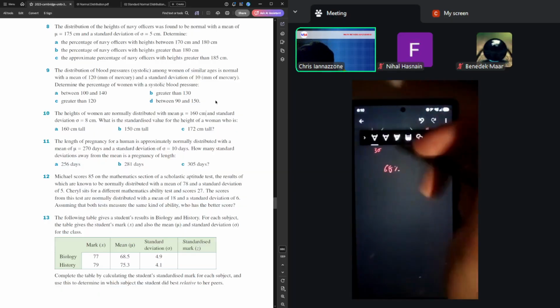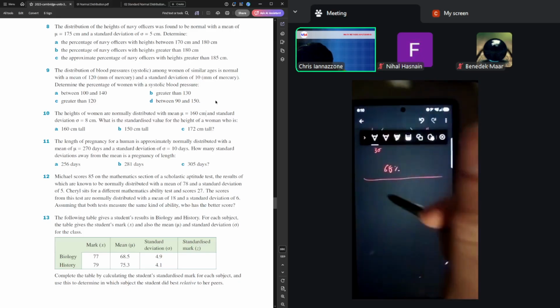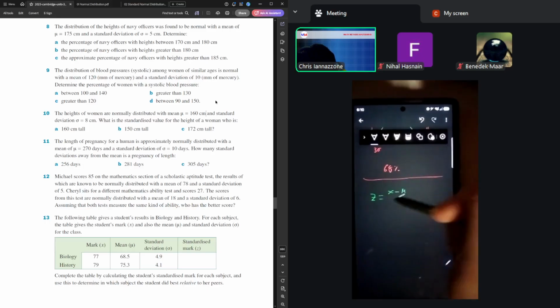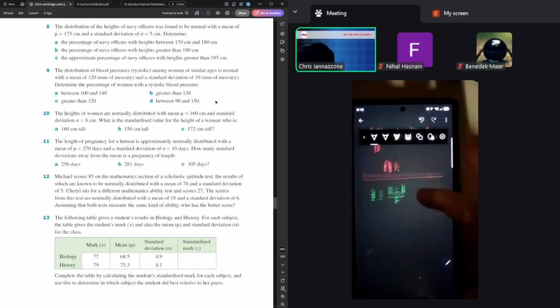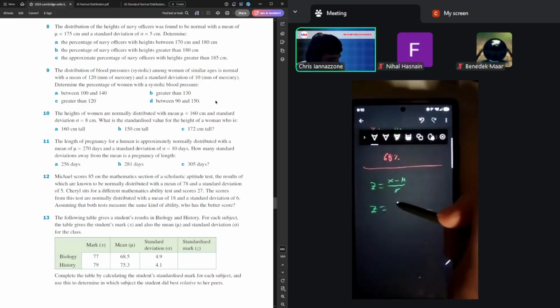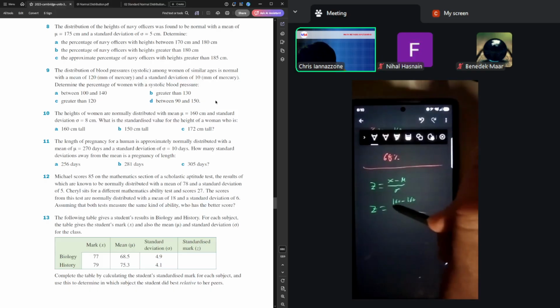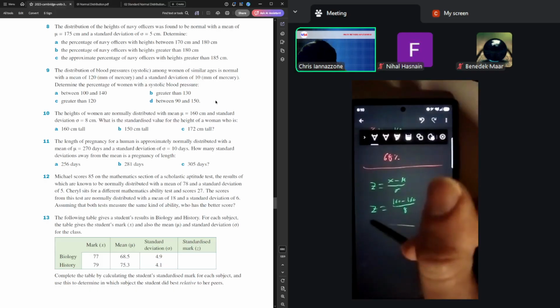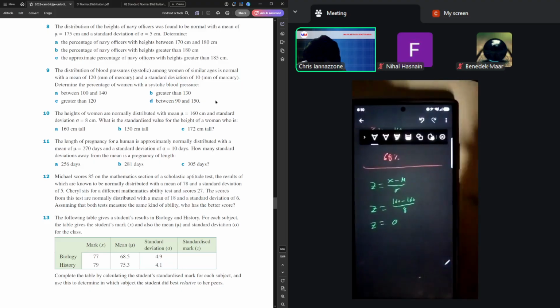The equation is as follows: z equals x minus the mean over the standard deviation. Z is equal to 160 minus 160, and at this point, well, we've already got 0, so we don't really care what the standard deviation is, but let's just put it in anyway. Z equals 0.